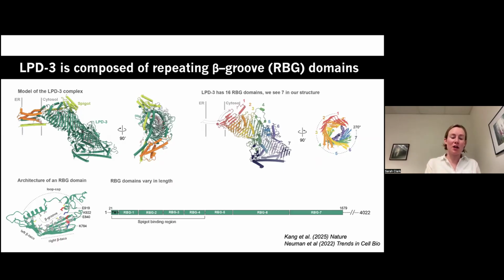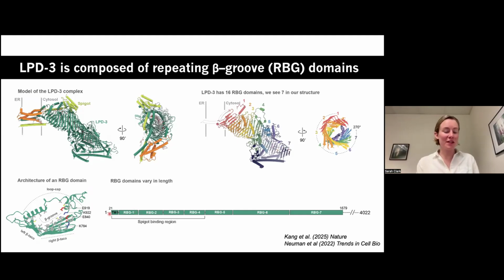But we also saw a minor amount of charged amino acids. And these charged amino acids were located on the right side of the beta taco and the top of the loop cap. And it was continuous throughout the entire tunnel. So on the right side of the beta taco and the top of the loop cap here was this long string of charged amino acids, so both positive and negative charge, that was continuous throughout the tunnel.